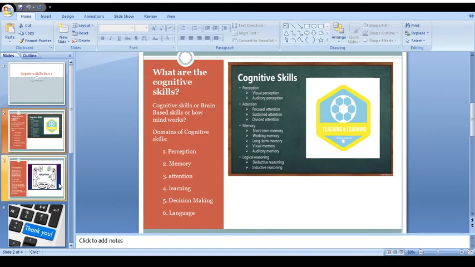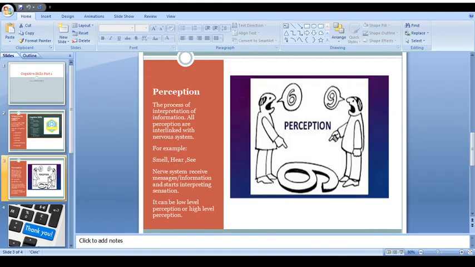Now, what does perception mean? It's a process of interpretation. It's someone's perspective. This picture is clearly explaining it. Suppose you have 28 or 30 students and you give them a sum. Every student has their own perspective. It doesn't mean that it's right or wrong.